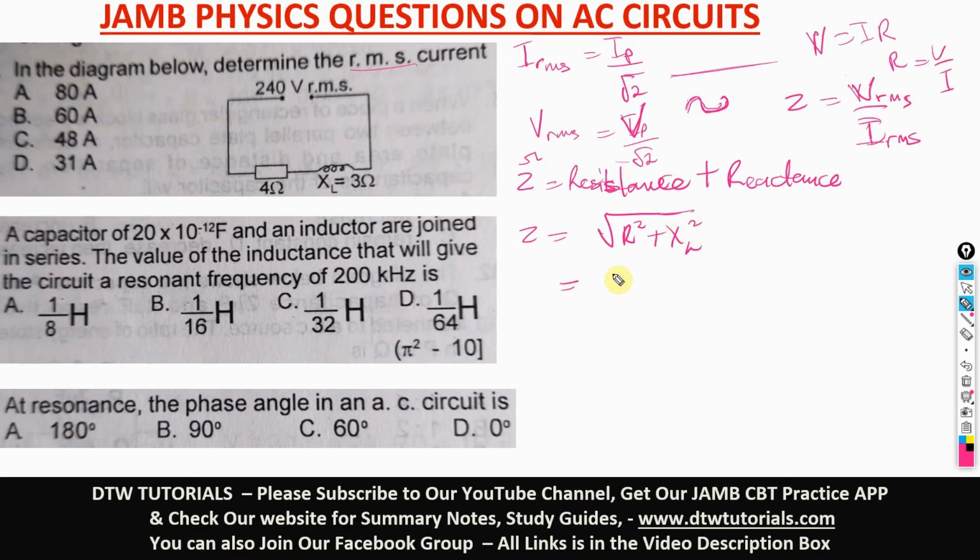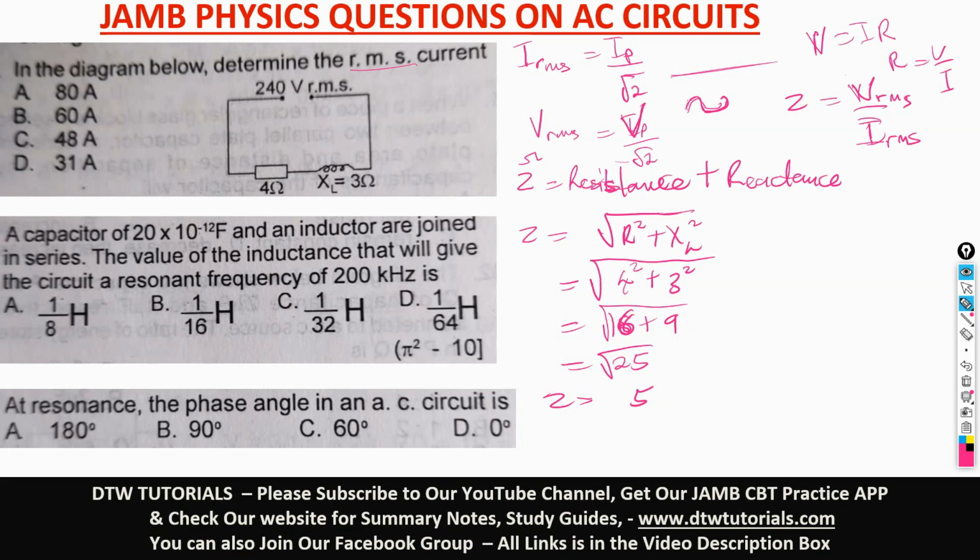So here R squared is 4 squared, plus XL squared, which is 3 squared. So this is 16, sorry, not 8, plus 9. This gives us 25, and the square root of 25 gives us 5. So we've gotten Z as 5.